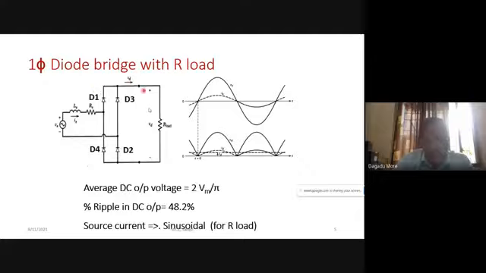The single phase diode bridge consists of four diodes, D1, D2, D3 and D4, with a resistive load. It is a circuit you have studied in 12th standard as well as in power electronics.